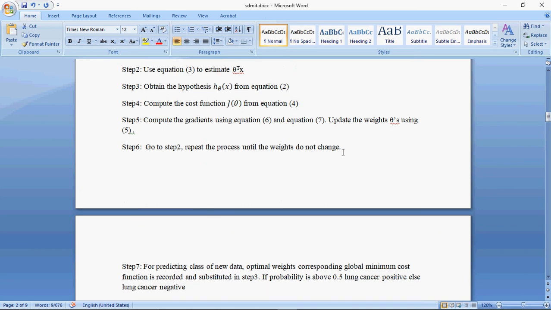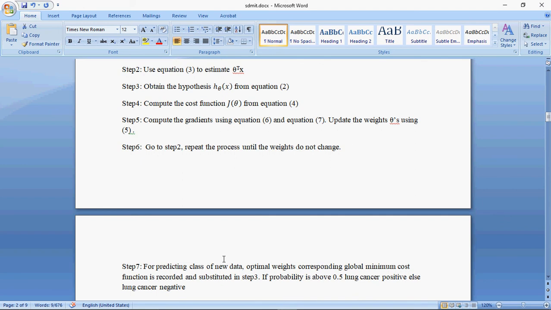I repeat, after 1,000 iterations you will get some thetas. So store those thetas, and use those thetas for estimating or classifying your test data. Okay, so how do you estimate?